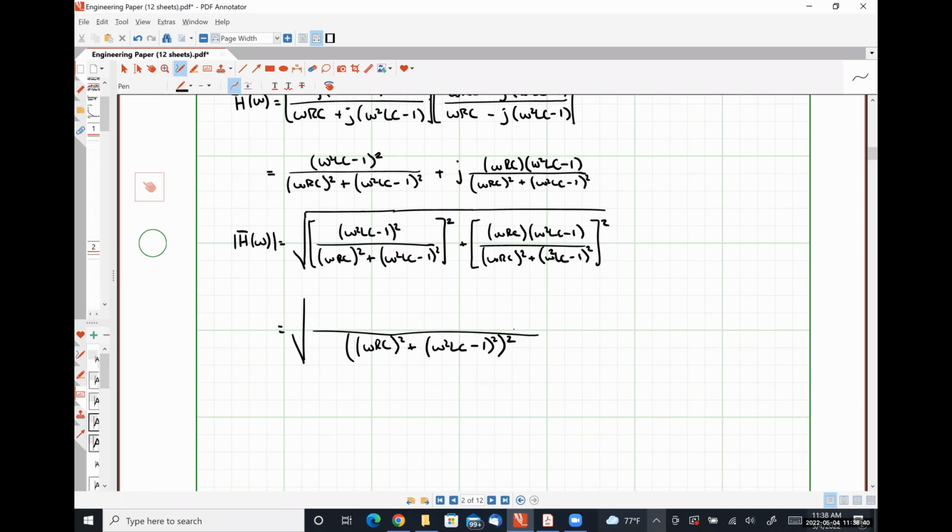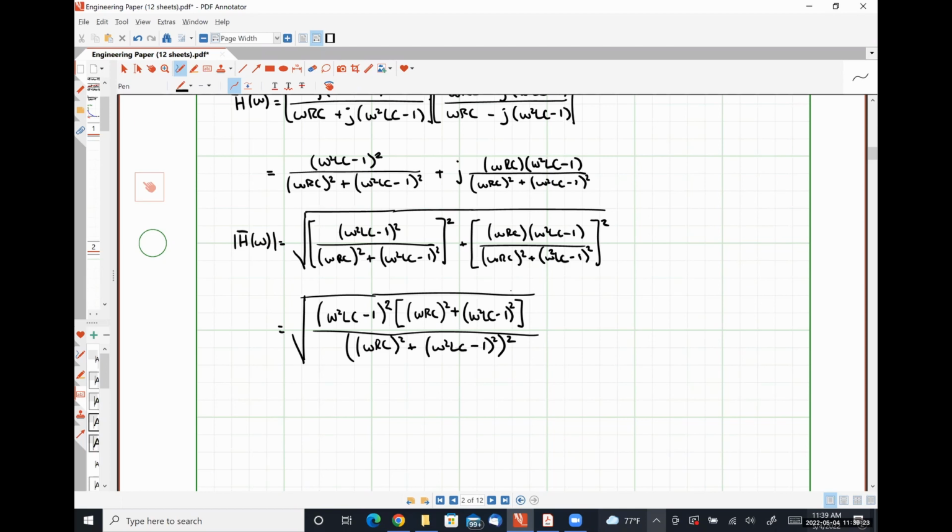Up here in the numerator, we are going to have omega squared LC minus 1 squared times omega RC squared plus omega squared LC minus 1 squared, like so, where I went ahead and factored out the common thing.